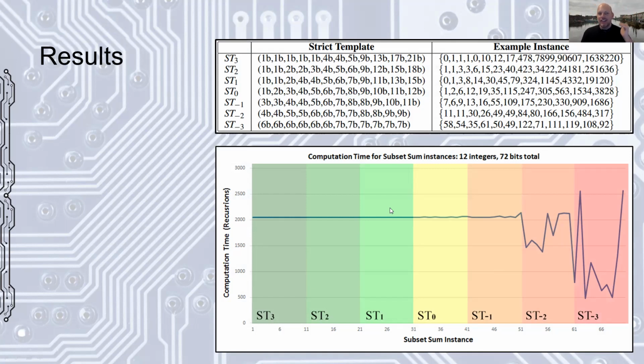And as these strict templates become flatter, like in ST-1, all of a sudden, solutions start to appear because, well, that's what we saw in the earlier slides. And when solutions appear, the flatter these templates are, the more prolific these solutions are. And as these solutions appear, these easier instances are solved more easily.